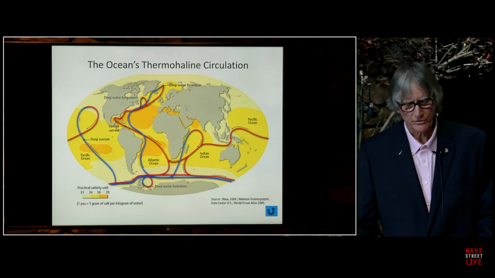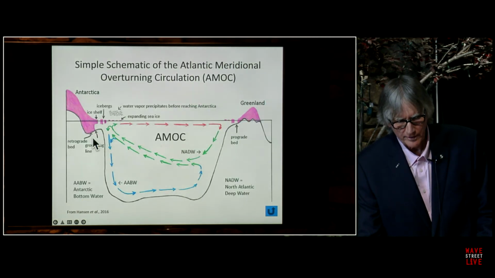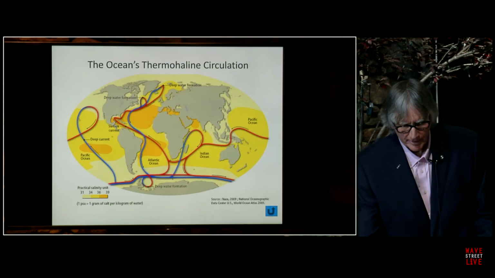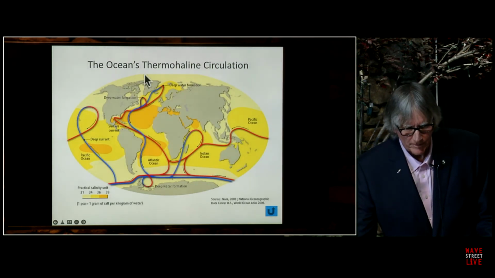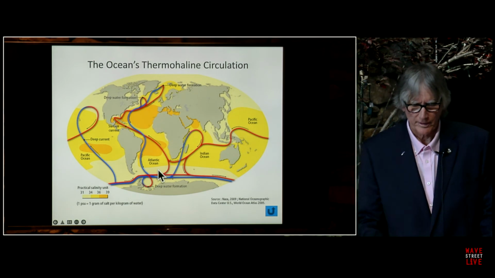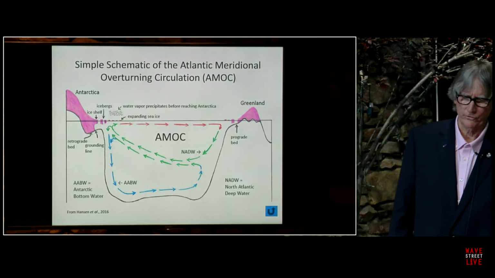The tipping point he's talking about has to do with something called the AMOC, which is the Atlantic Meridional Overturning Circulation. The idea here is if you average across the Atlantic basin, from North Pole to South, Antarctica, and look at the circulation in a vertical slice, it looks like this.